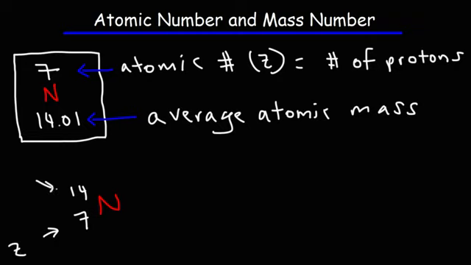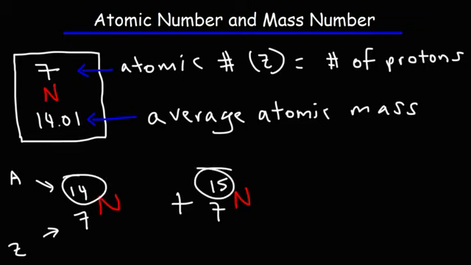The top number is the mass number, represented by the symbol A. Nitrogen 15 looks like this. Nitrogen 14 has a mass of 14. Isotope nitrogen 15 has a mass of 15. So these are isotopes. They have the same number of protons, but they differ in the number of neutrons and the mass number.